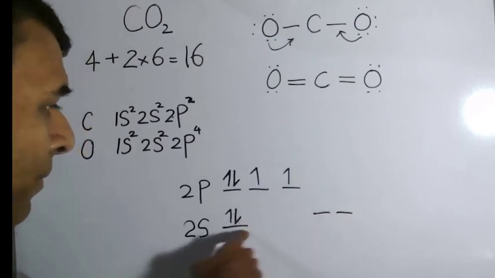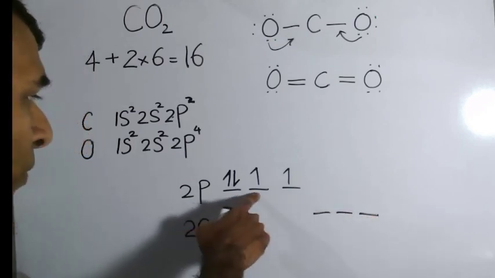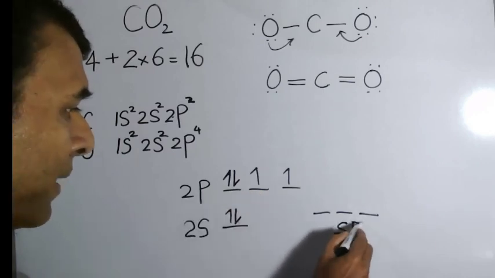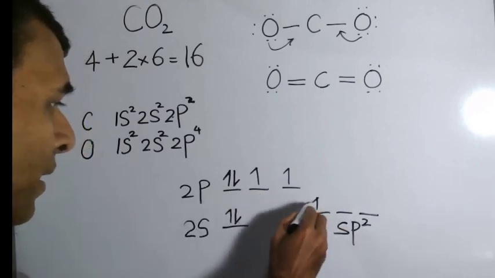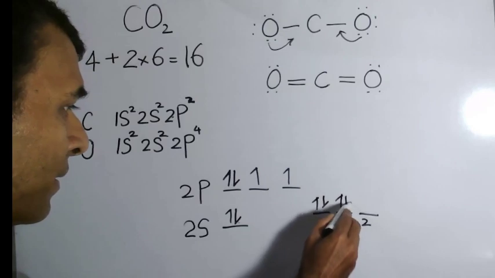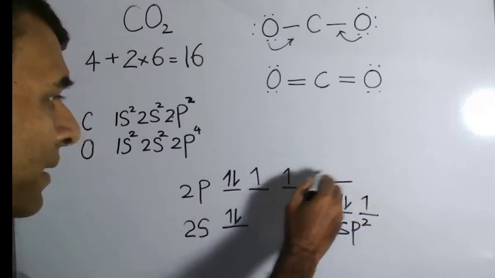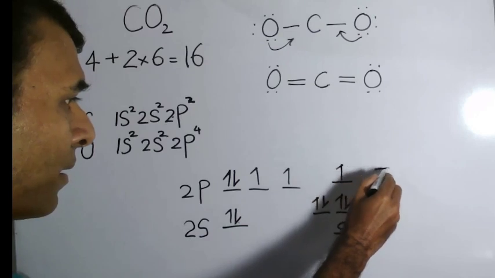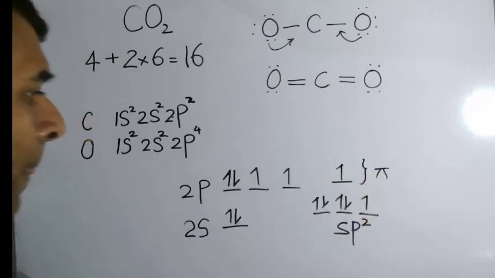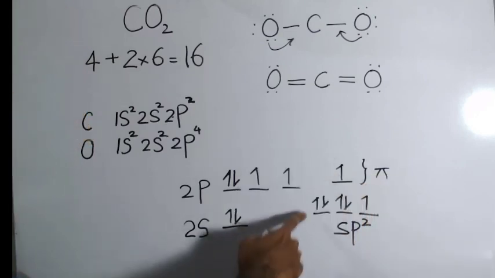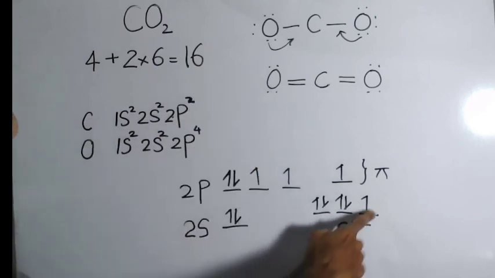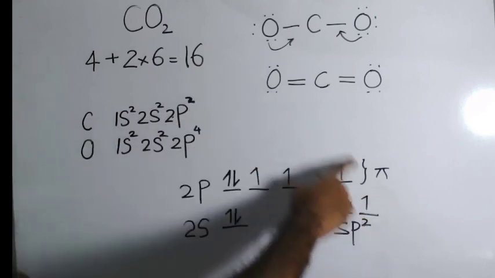I take 1 from s and 2 from p. This will be sp2 hybridized orbitals. This remaining p orbital with the electron will be used to create the pi bond. So you can see 2 lone pairs, and this electron is used to make the sigma bond.